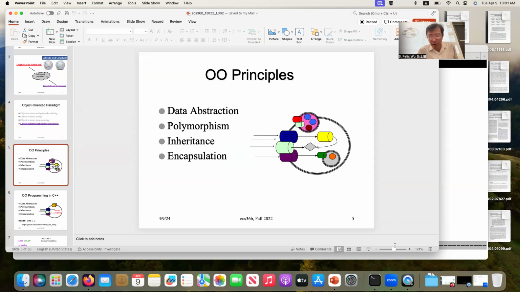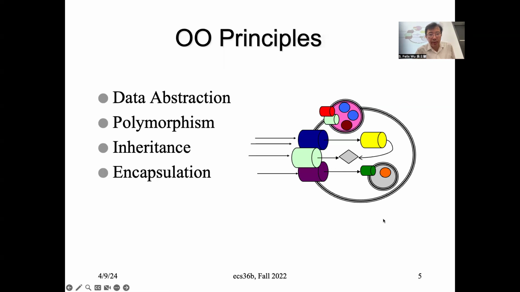You probably see me using this diagram a lot. This is a diagram of an object. When we talk about the object, there is a boundary around the data I try to protect.